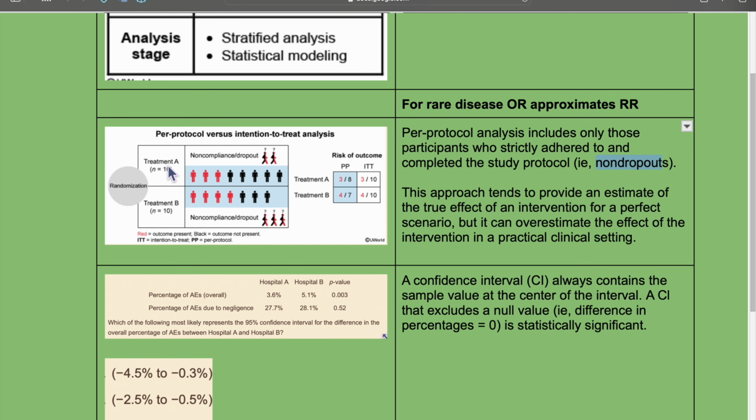So randomization, we have treatment A where 3 people were present and then 5 people dropped out. Whereas in treatment B, there were 4 people who were present and 3 people who dropped out. So when you're doing per protocol analysis, you're only going to consider 3 out of 8 people, and for B, you're only going to take 4 out of 7 people. Okay.